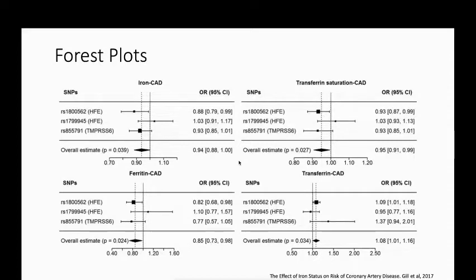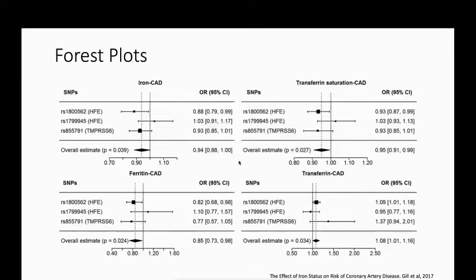However, we then calculate a pooled estimate. So again, the diamond denoting a pooled estimate. It's a form of meta-analysis, and this was done using the inverse variance weighting approach that we previously discussed. Once we pool these results together, we find that the overall odds ratio is 0.94, and the confidence interval is 0.88 to 1.